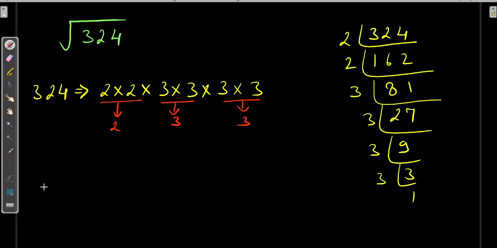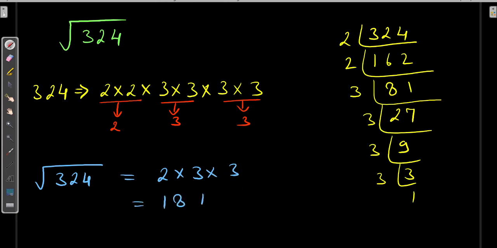So the square root of 324 is equal to 2 into 3 into 3, which is 18. This is how you can find the square root of a number by the prime factorization method.